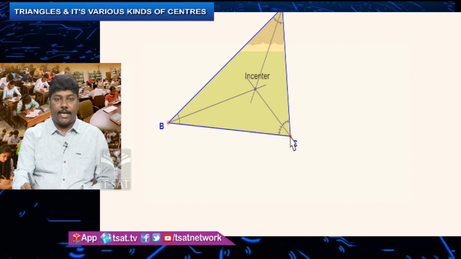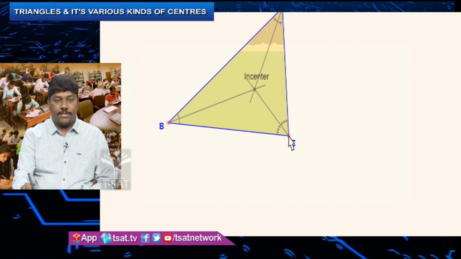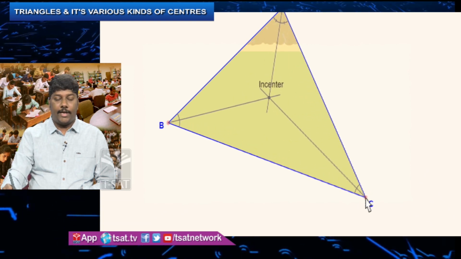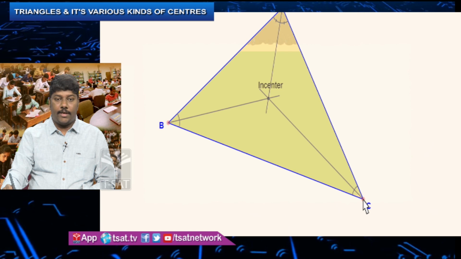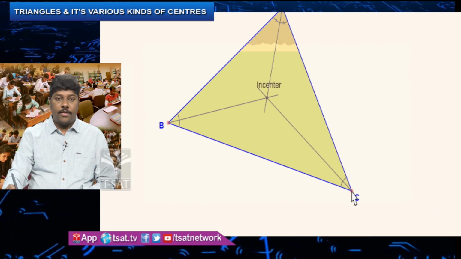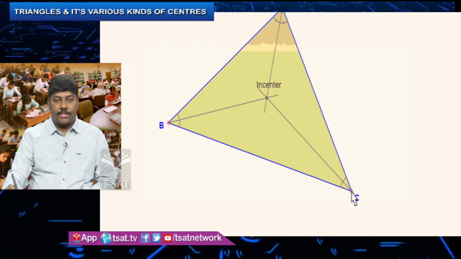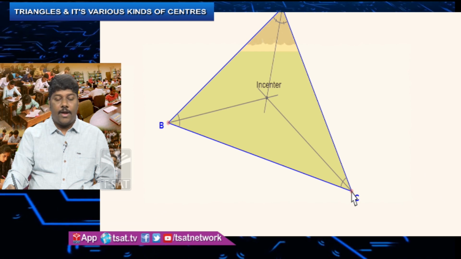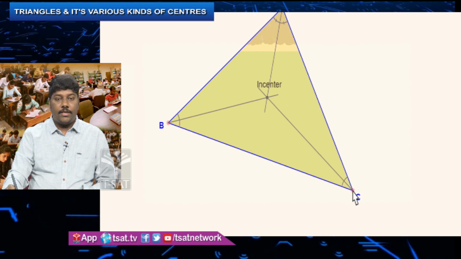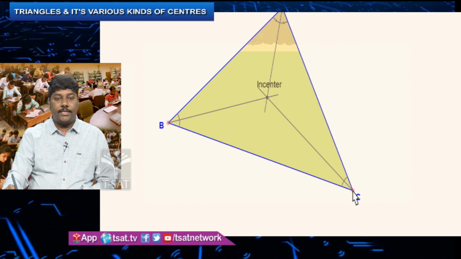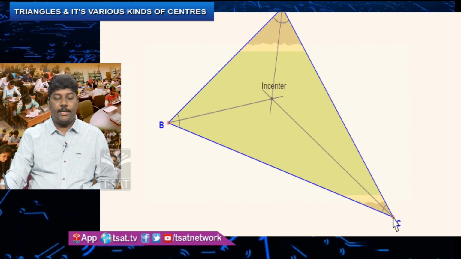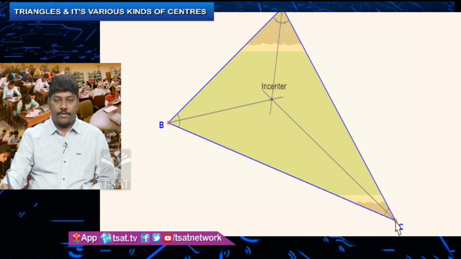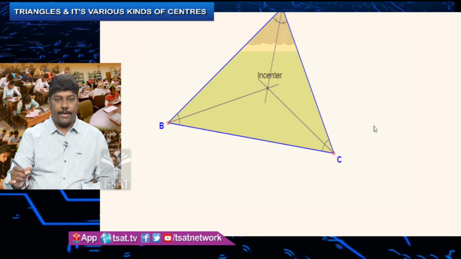This is a right angle triangle, in center stays inside. Even if you take an acute angle triangle, where all angles are acute, here also it stays inside. So for all triangles it stays inside because it's an in center. And in center is equidistant from all its sides, not from vertices. It is equidistant from all its sides because you draw a circle inside.